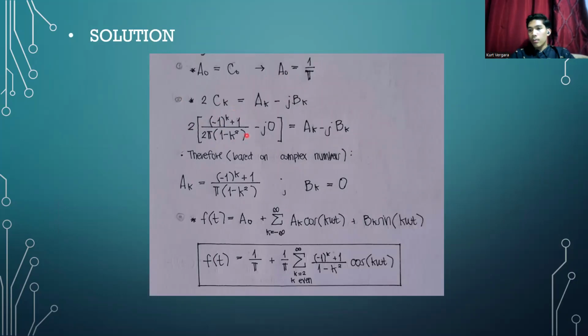We all know that our C sub k has no term consisting of imaginary numbers, which is j. That's why I just put 0 here.